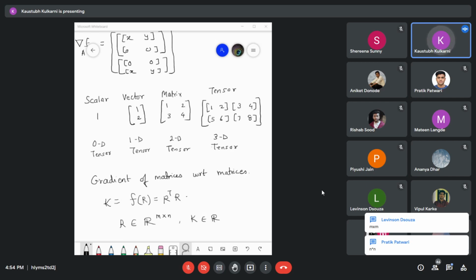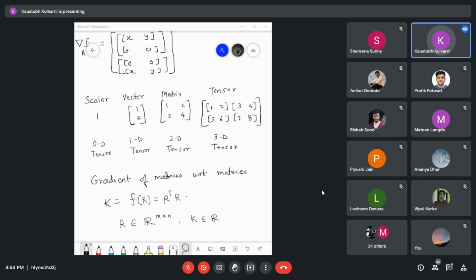N cross N is correct because we are multiplying with transpose first. R transpose dimensions will be N cross M, and dimensions of R are M cross N. Therefore, the result will be N cross N. So dimensions of K will be N cross N.